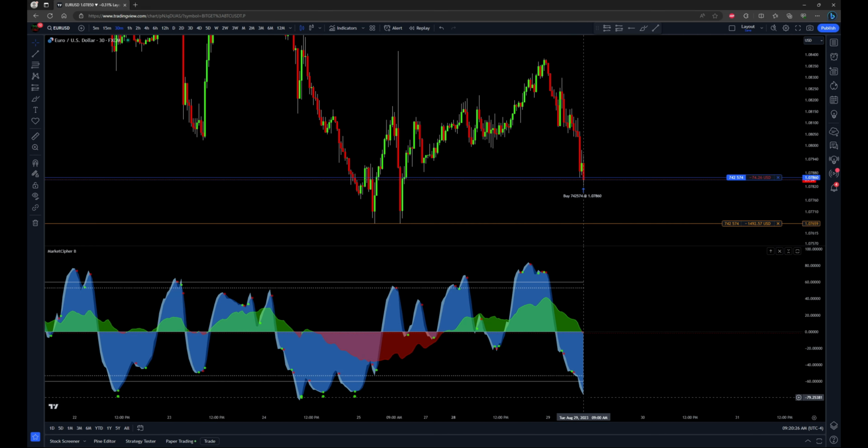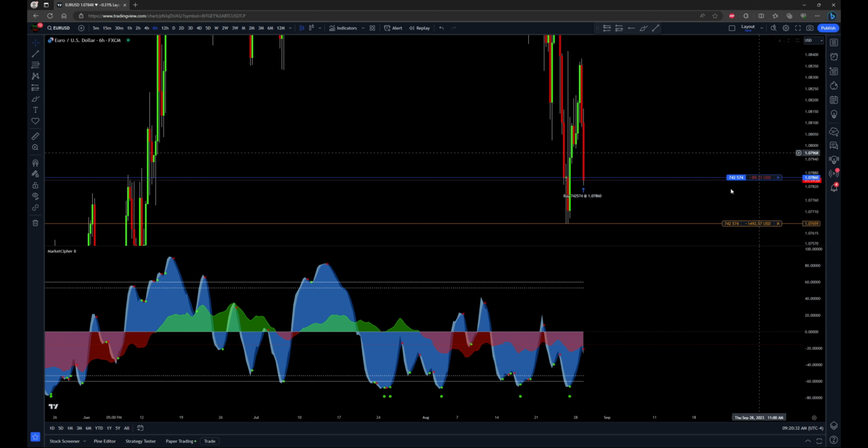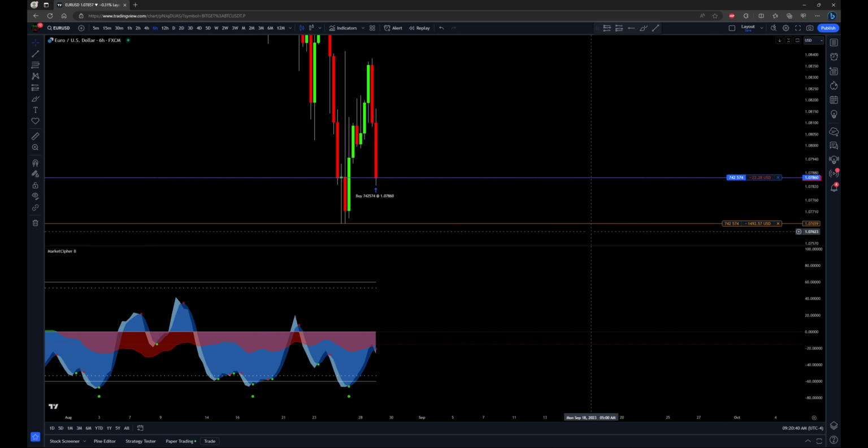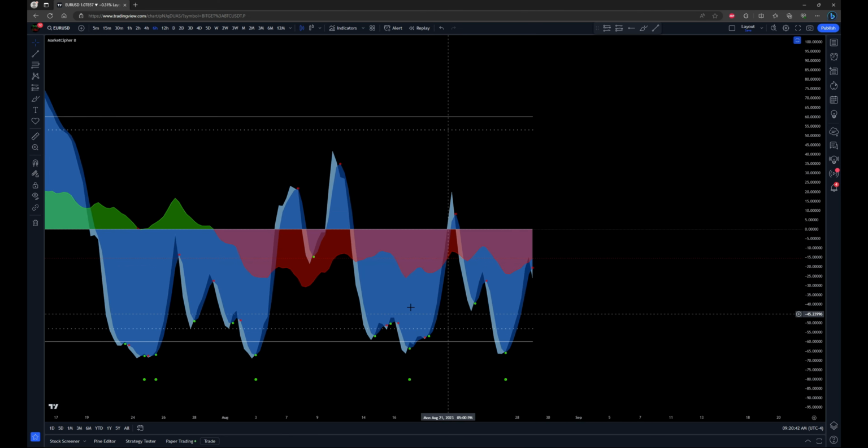Looks like it's starting to curl up, not quite really. We don't really have a lot there, but what we can do is look at higher time frames, and we can see we're getting higher lows on money flow for the 6-hour time frame. Okay, so our money flow is coming to the upside here, and in the shorter term on the 6-hour here, coming to the upside right here.